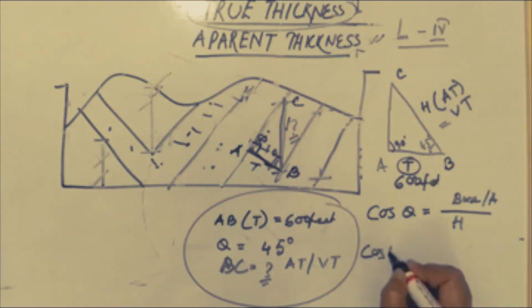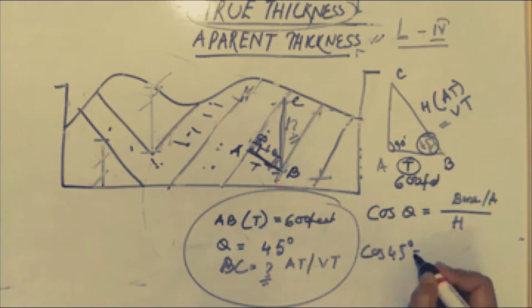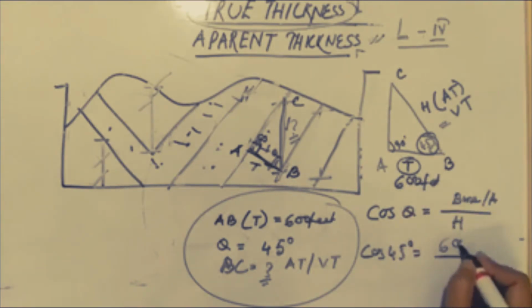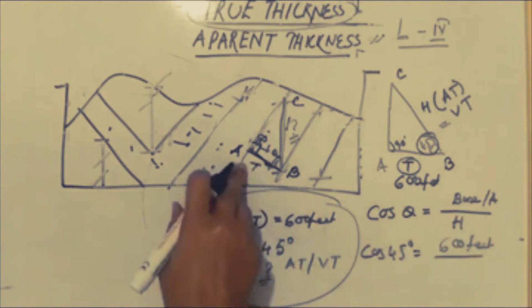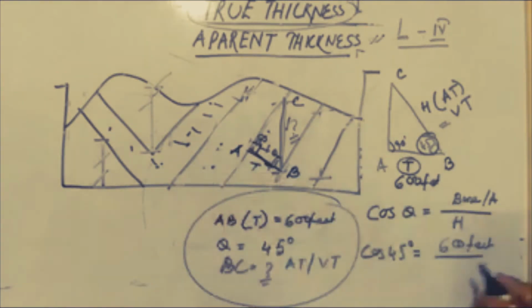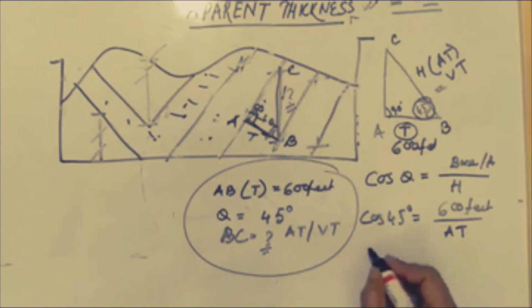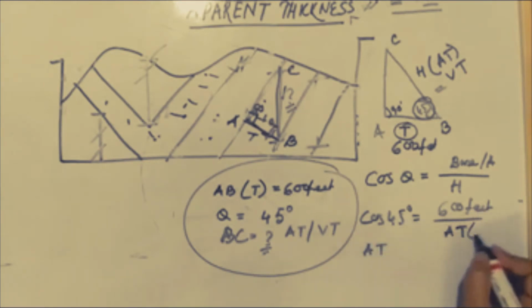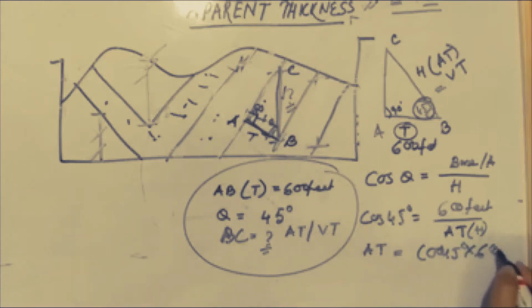Here cos 45 degrees, theta is given, is equal to base divided by hypotenuse. The base is 600 feet. The value of AB, rather true thickness, is 600 feet. So with the help of a calculator, the apparent thickness, rather the hypotenuse, is 600 divided by cos 45 degrees.